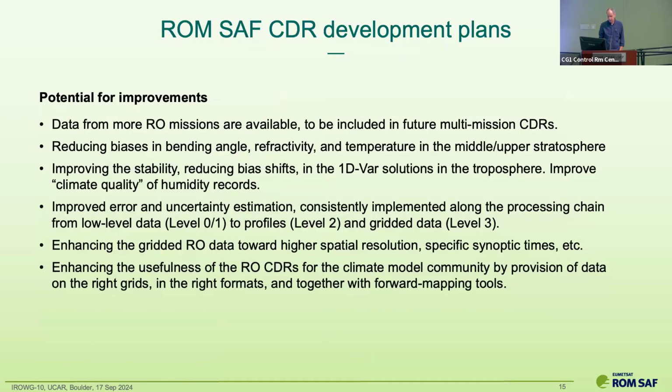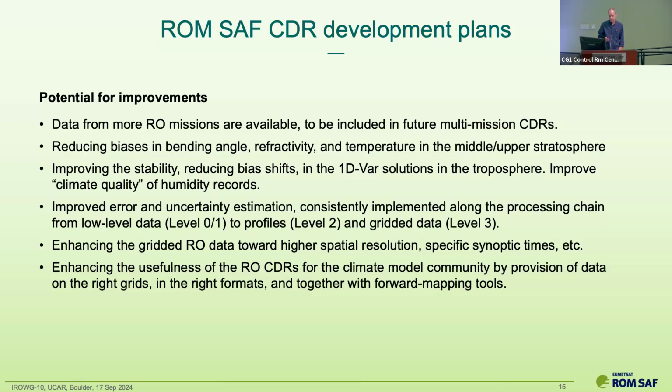Anyway, we are trying to develop the CDRs here, of course. There is potential for improvements. We will aim to reduce biases in the middle and upper stratosphere. We also will have a focus on improving the stability of the 1D solutions in the troposphere and generating humidity data records of climate quality.